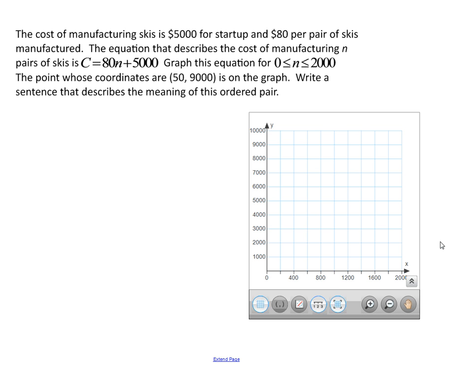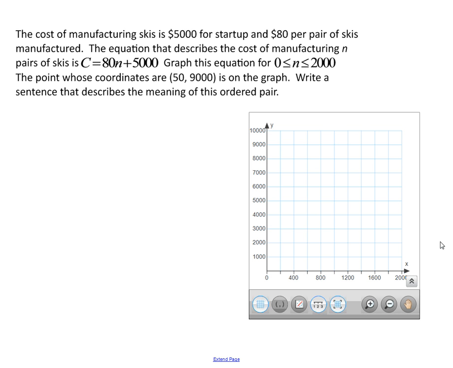So this question has two parts. It says to graph this equation for the values of n starting at 0 and going all the way up to 2,000. The second part of this question is going to ask us to consider the point (50, 9,000), which is on the graph, and write a sentence that describes the meaning of this ordered pair. Well, it will help for us if we're going to graph this equation to get 2 points.